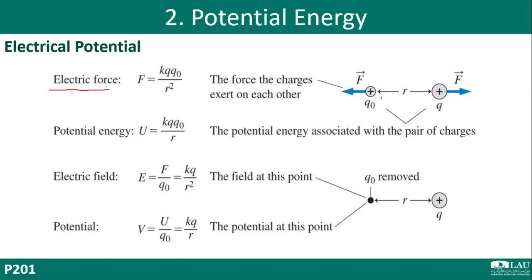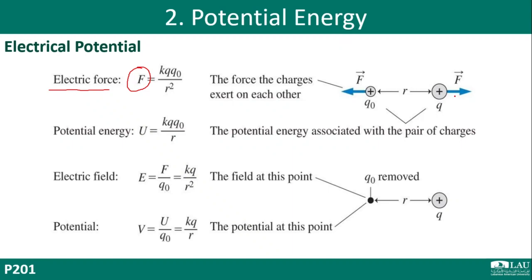R is the distance separating the two charges. The potential energy is associated with this pair of charges, or with any pair of charges. So as you can see, U is K Q times Q0 over R. So what we did, we multiplied the force by the distance separating the two charges.